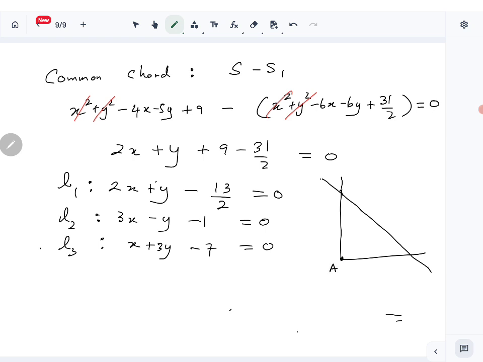We know this point A, where the two tangents are drawn from. This is L2, this is L3, and this is L1. So we need to find, let's say, D and E, the intersection points of line L1 and L2 first. Let's find point D first, the intersection between L1 and L2.